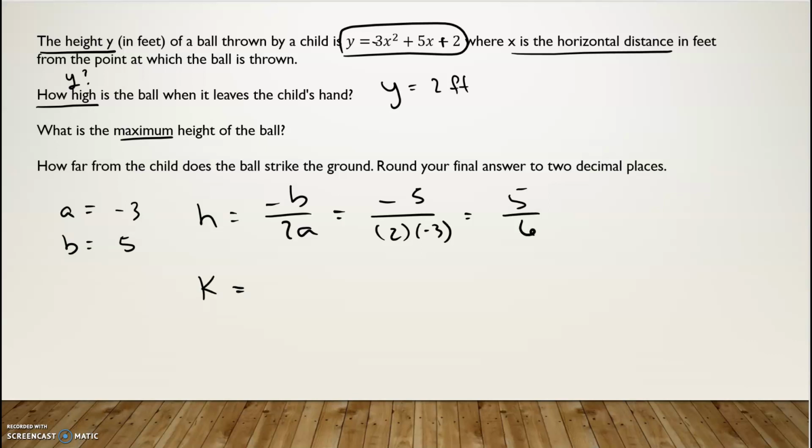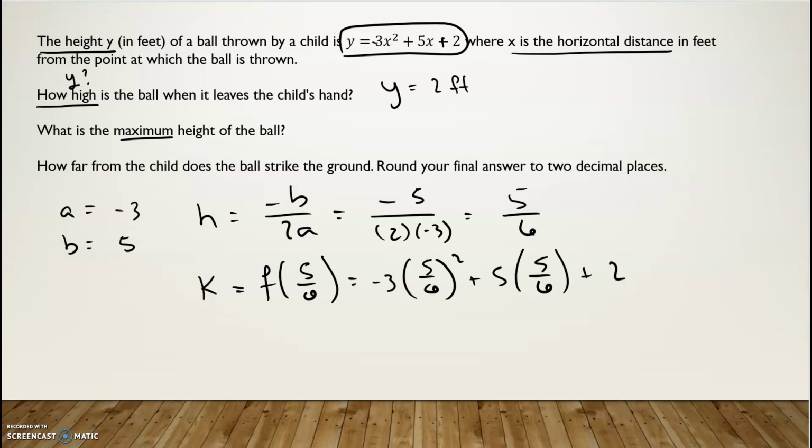Okay, I need to find my k, which is inserting the 5 over 6 into my function. So -3 times 5 over 6 squared, plus 5 times 5 over 6 plus 2. So this is going to be -3 times 25 over 36 plus 25 over 6 plus 2.